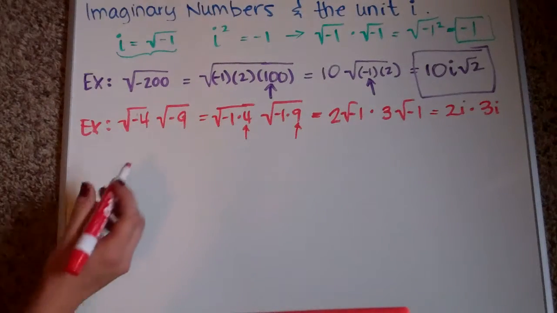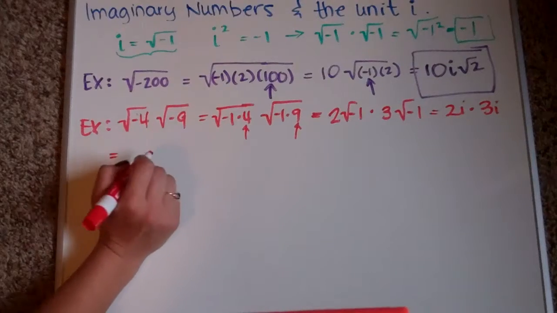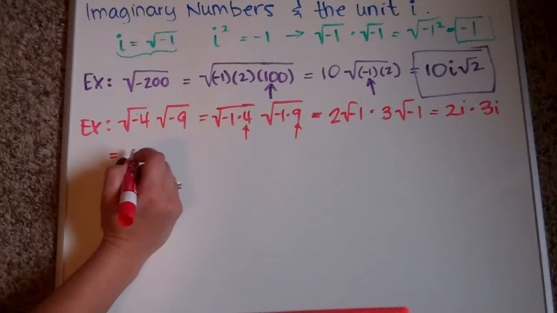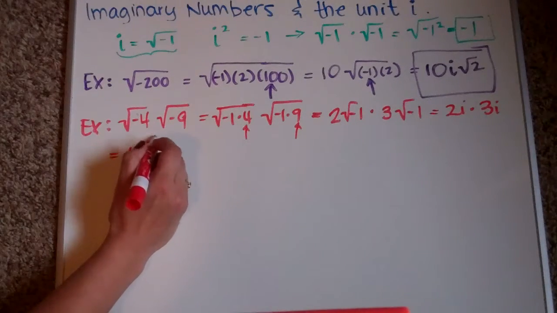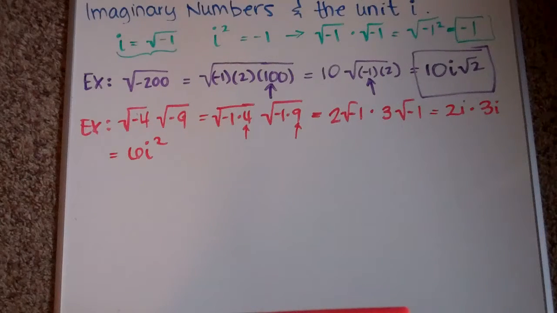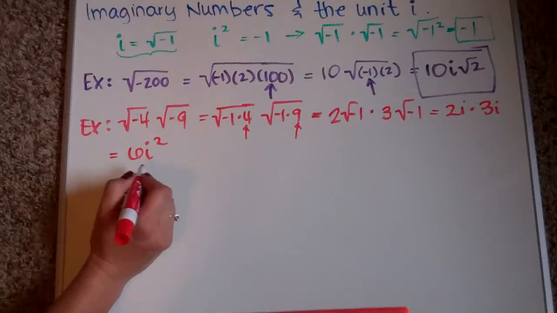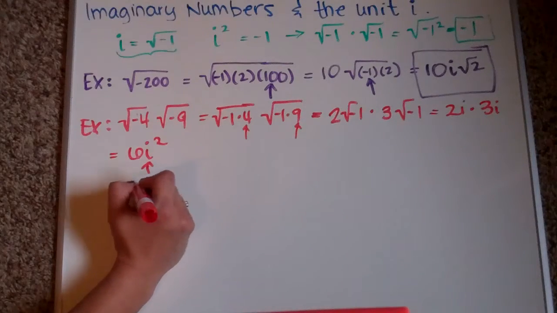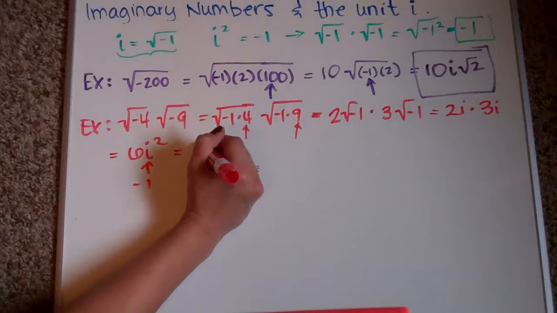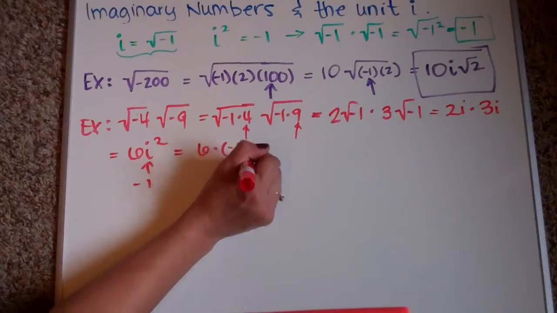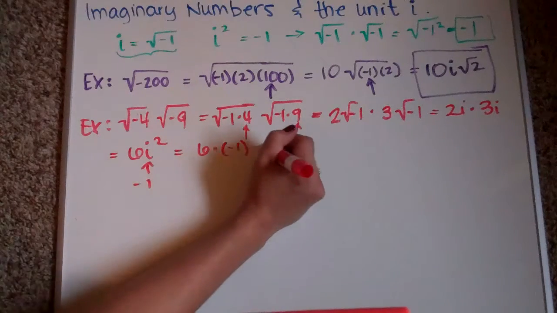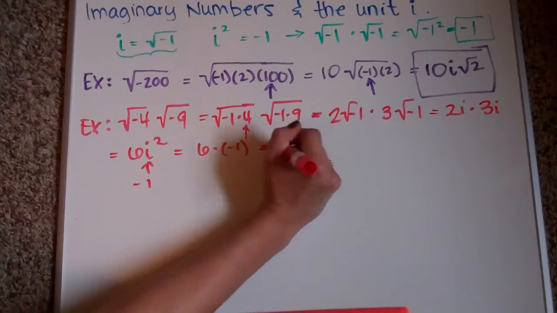But we're not done. So we say, multiplying these together, we're going to get a 6i squared. You might be inclined to just leave it like that, but of course that would be incorrect because i squared equals -1. So this gives us 6 times a -1, which is just going to give us a -6 for our answer.